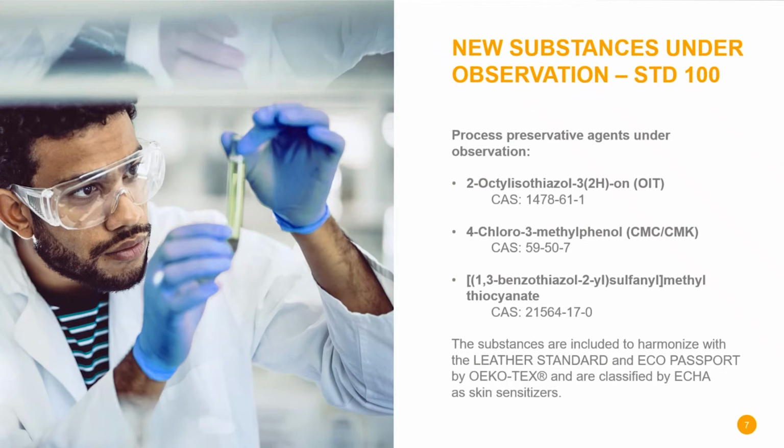We have added 3 process preservatives under observation for the Standard 100, specifically OIT, CMC, and 1,3-benzothiazole 2,2-butyl sulfonyl methyl thiocyanate. These substances were included because they had already been included in the Leather Standard and the Eco Passport, and we are now conducting a risk assessment on the relevance in the textile industry for these 3 process preservatives.